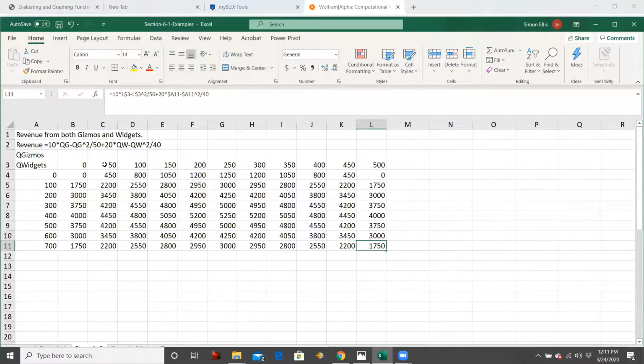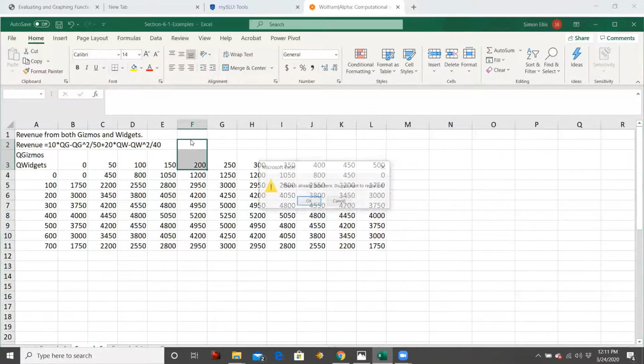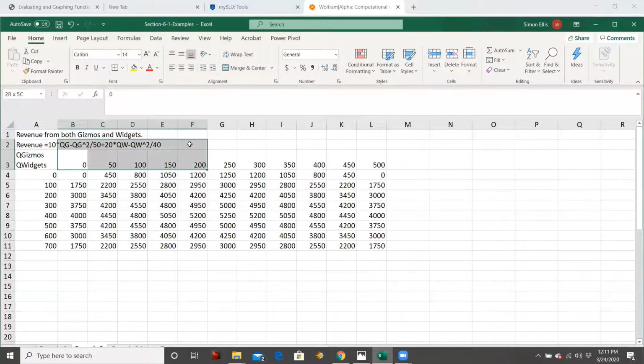And so what we're going to do is look at our function here, take this function and input it into Wolfram Alpha, and let this variable go from 0 to 500 and let this variable go from 0 to 700. All right. So let me show you how you go about doing it.